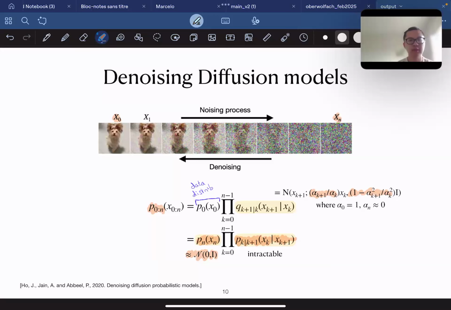But the main issue here is that the conditional distributions of xk given xk plus 1 are intractable, because they are proportional to the joints, and you do not really know the joint because you do not even know exactly the marginal of the forward. So the main issue in this framework is how to get access to this backward transition, pk given k plus 1. And here the solution is simply to approximate them.